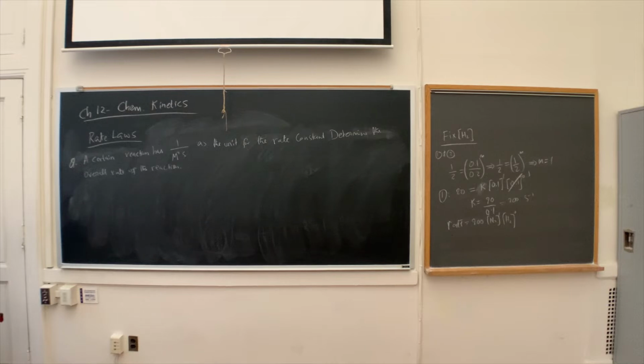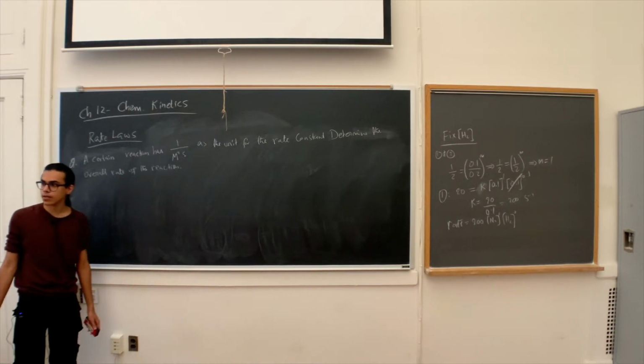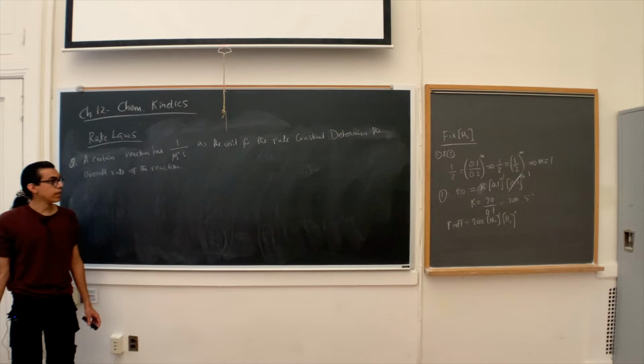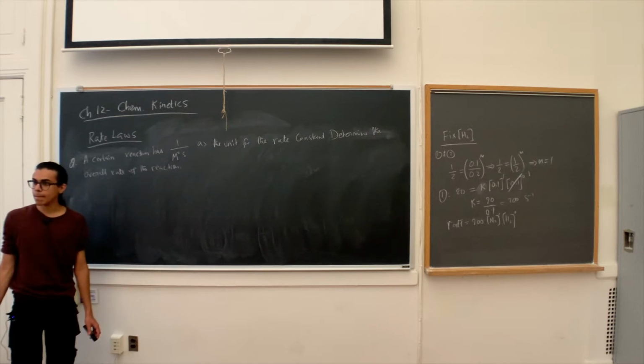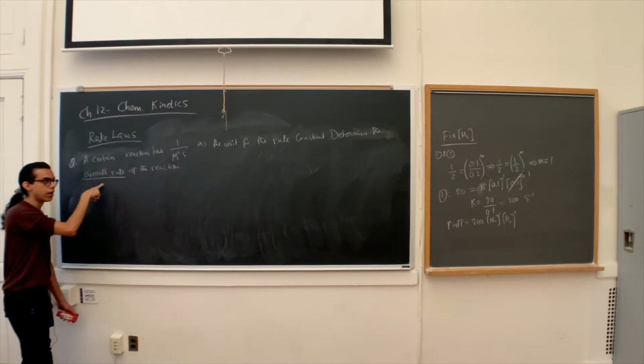So in the last question, we had the overall rate of the reaction. Using that, we determined the rate constant's unit. This is the reverse question. Overall rate is given by what?